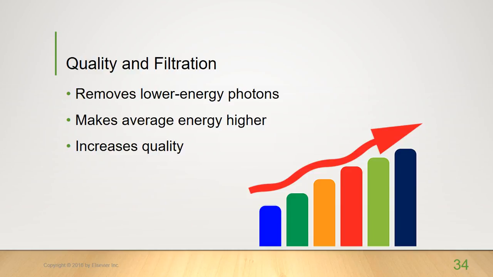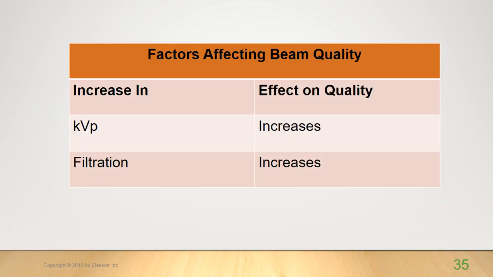If I got rid of those little hang-around X-rays, they're bringing my image quality down. Well, then if I get rid of them, it increases the quality. So more filtration increases the quality of your image. Okay. Now here are the two things that affect beam quality. Increase KV increases quality. Increase filtration increases quality.